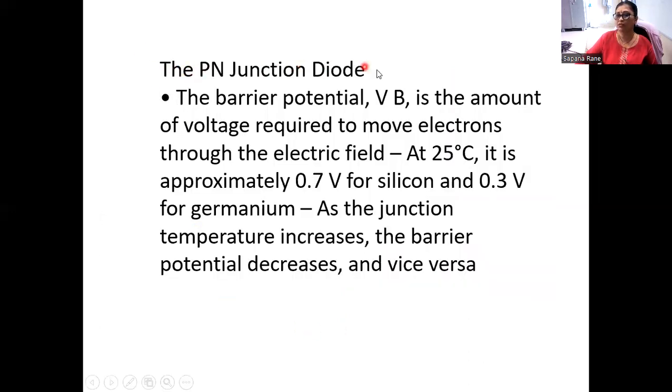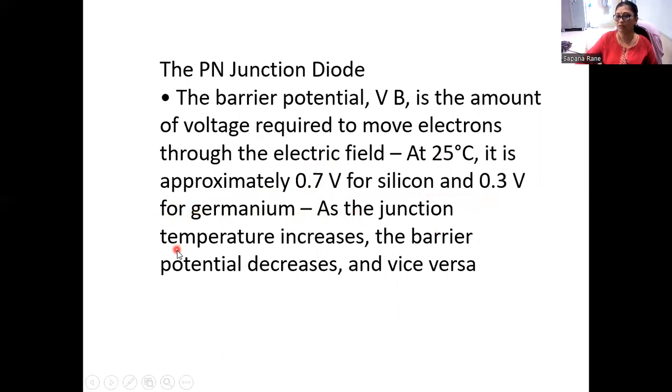Now, as you can see over here, the barrier potential of the PN junction depends on the material that we are using. For example, at 25 degrees centigrade, the barrier potential is approximately 0.7 volt for silicon and 0.3 volt for germanium.